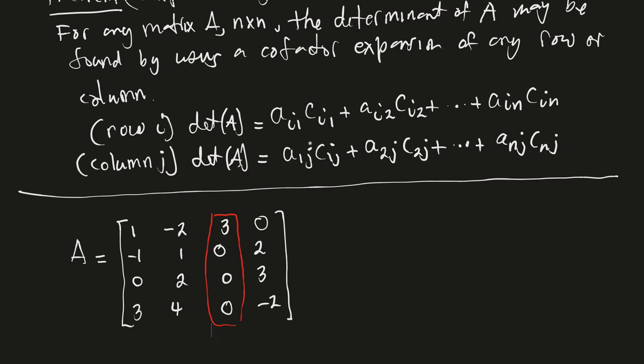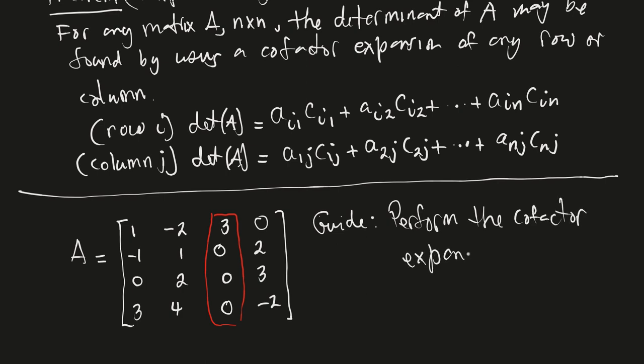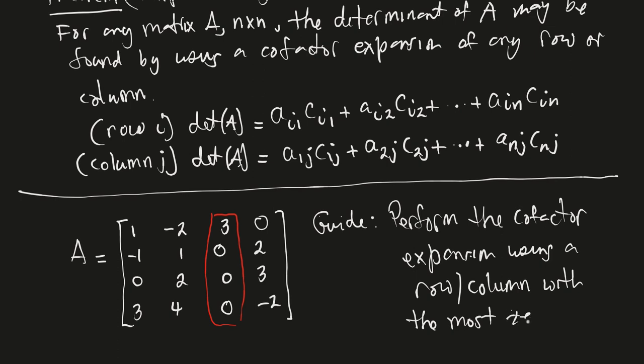So as a guide, when you're doing the cofactor expansion, perform the cofactor expansion using a row or column with the most zero entries. It's like we love seeing zeros in matrices. They make a lot of things easier.